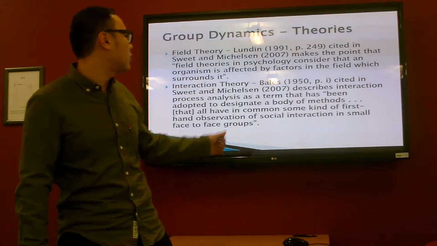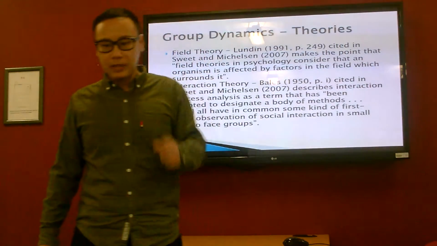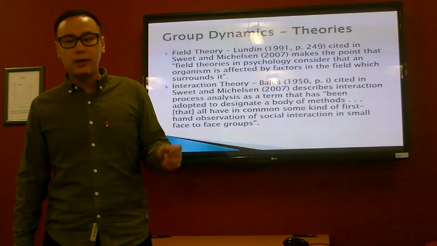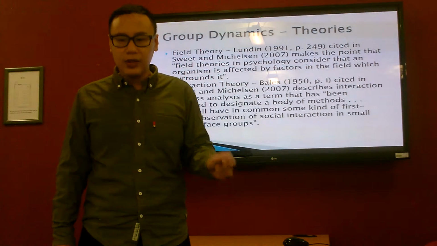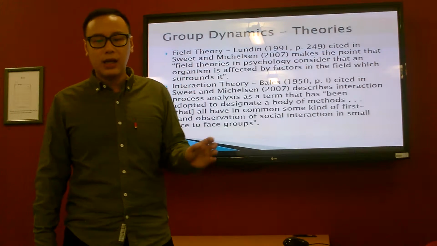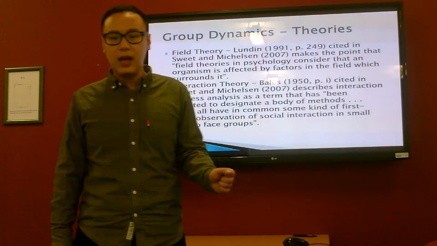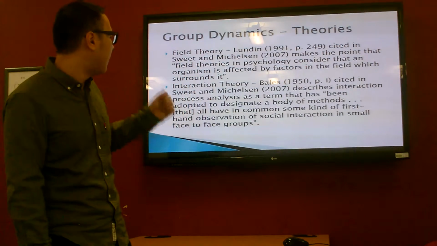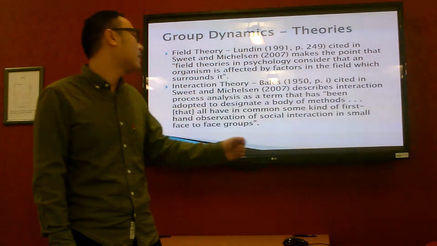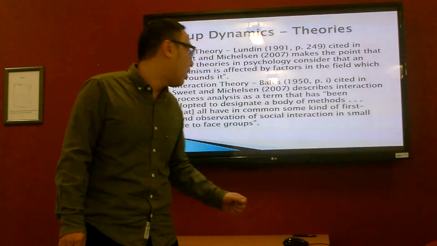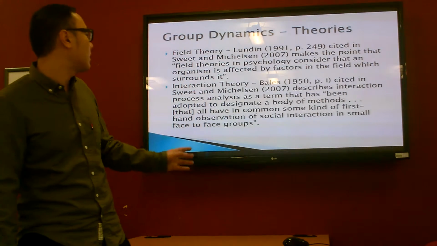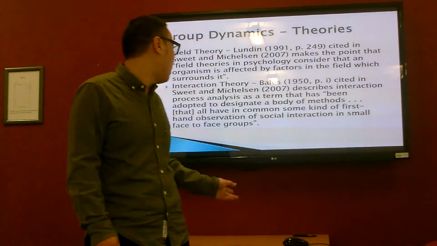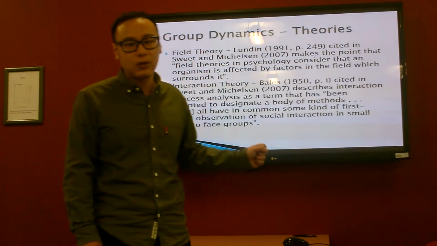Next, interaction theory. Sweet and Murchison describe interaction process analysis as a theme that has been adopted to design a body of methods, and all have in common some kind of first-hand observation of social interaction in small face-to-face groups.